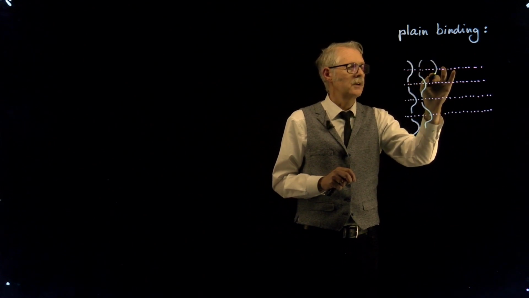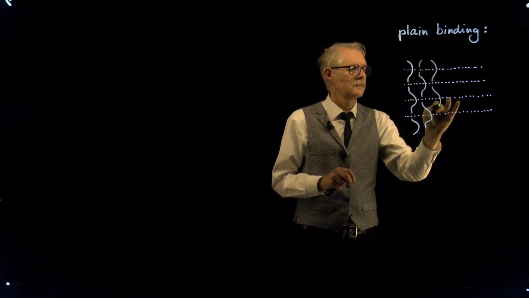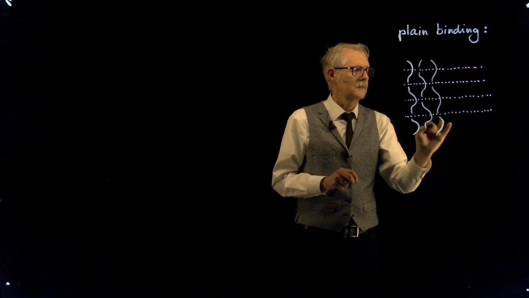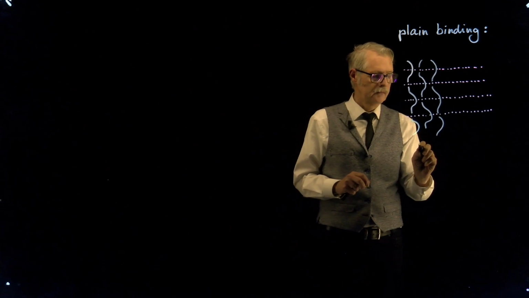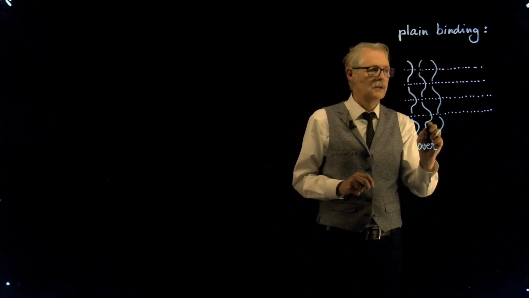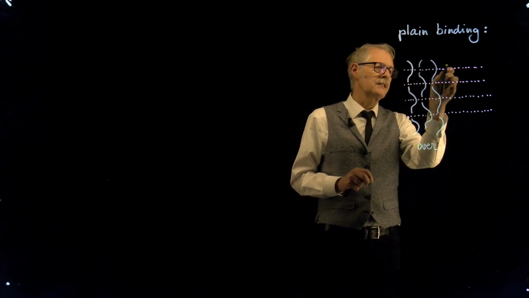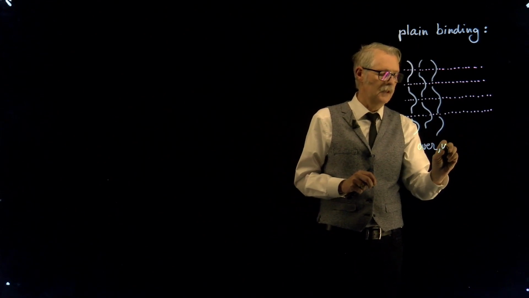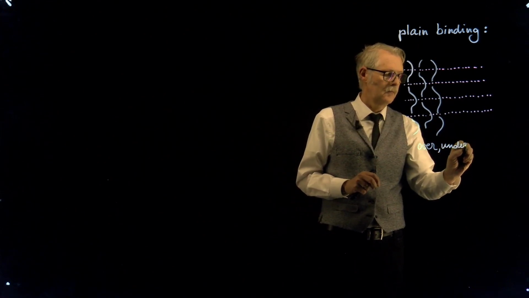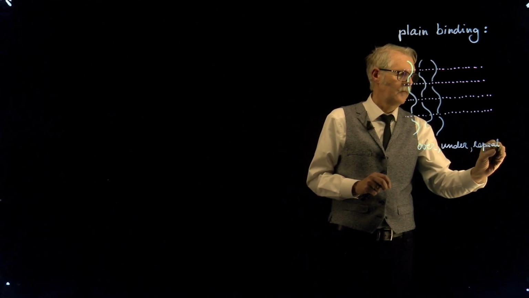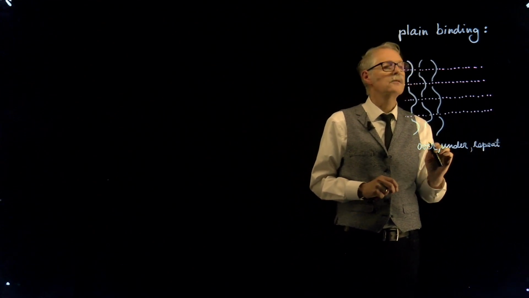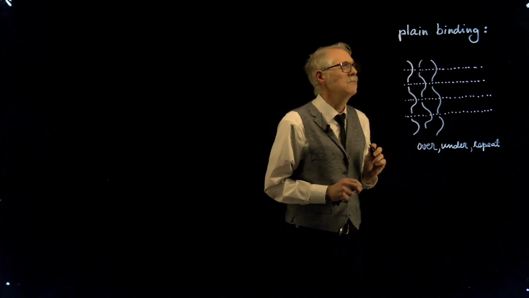And then shift by one again. So here you see the general pattern. Successive warp yarns, looking at the given weft, they go over, they go under, and they repeat after two. So that's the plain binding.